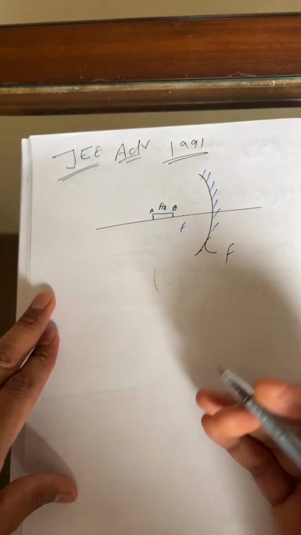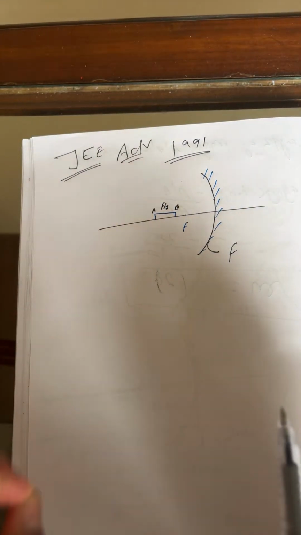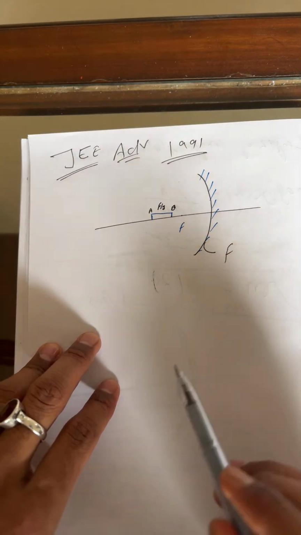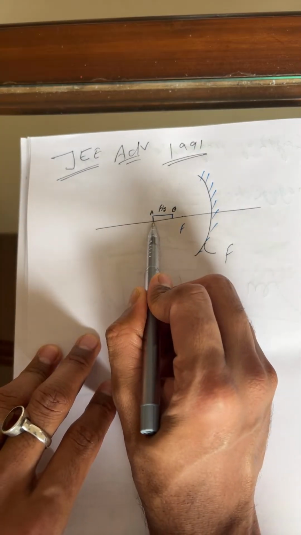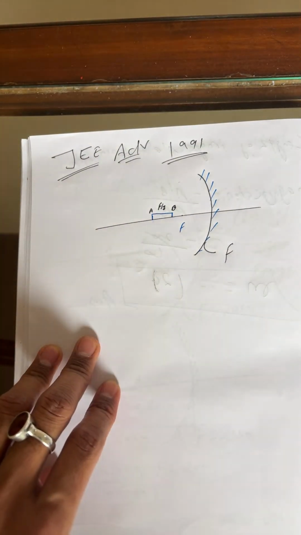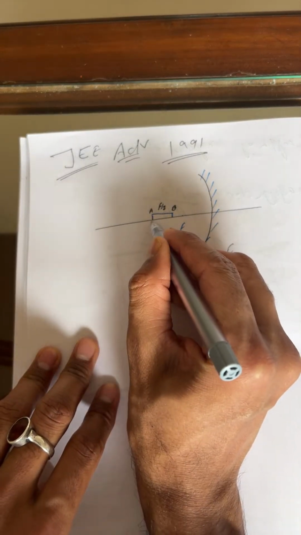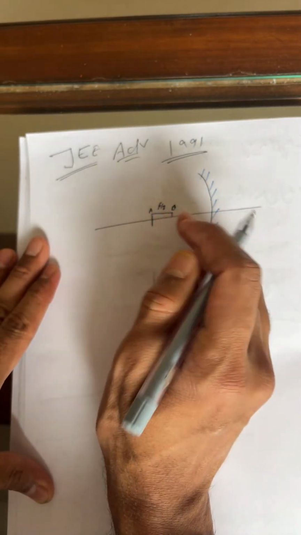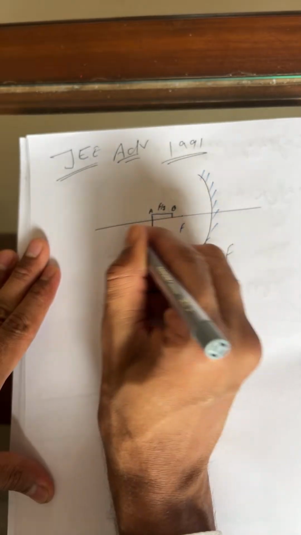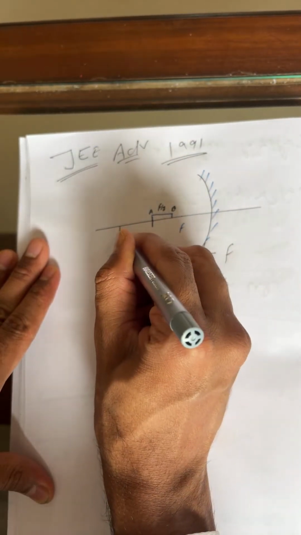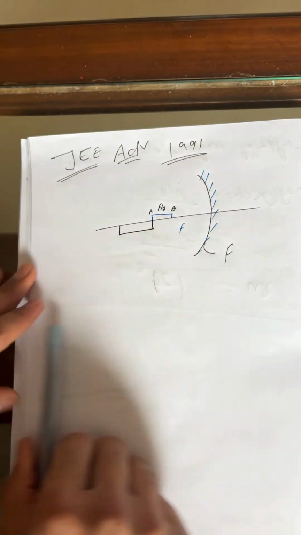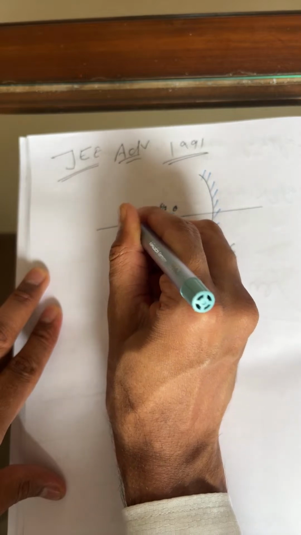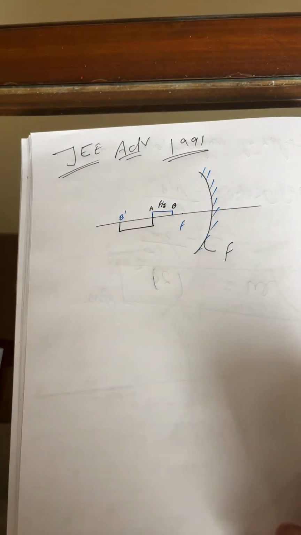This is the culprit for this question: if the object is at the center of curvature, then the image will coincide with it. So we are pretty confirmed that the image of A is formed at itself, at distance V, and for B the image distance is V dash.